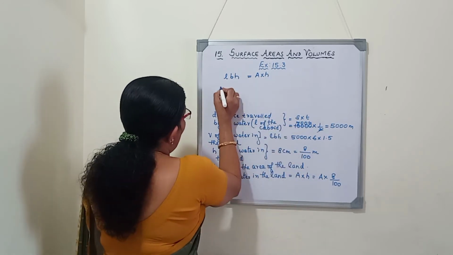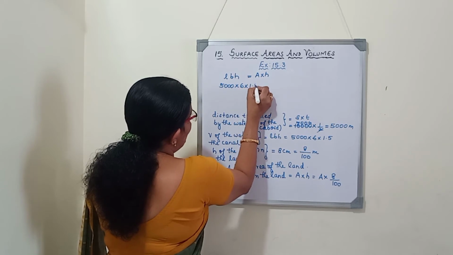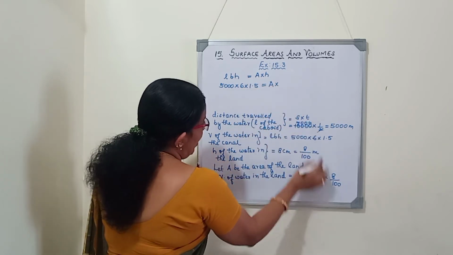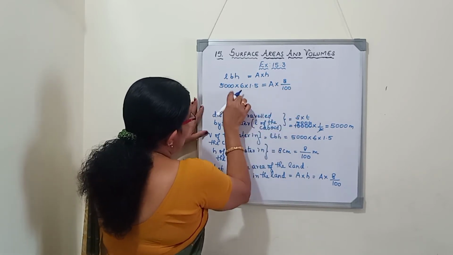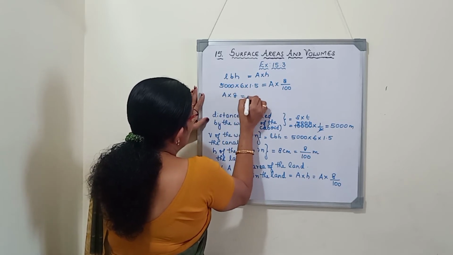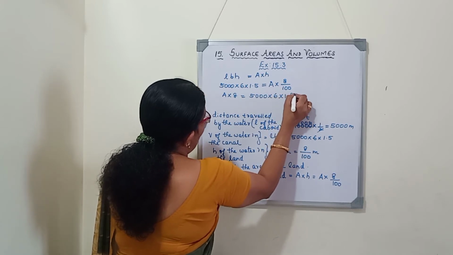So here LBH is 5000 into 6 into 1.5, equal to area of the land we should find out, times height 8 by 100. So here we will cross multiply. A into 8 is equal to 5000 into 6 into 1.5 into 100.